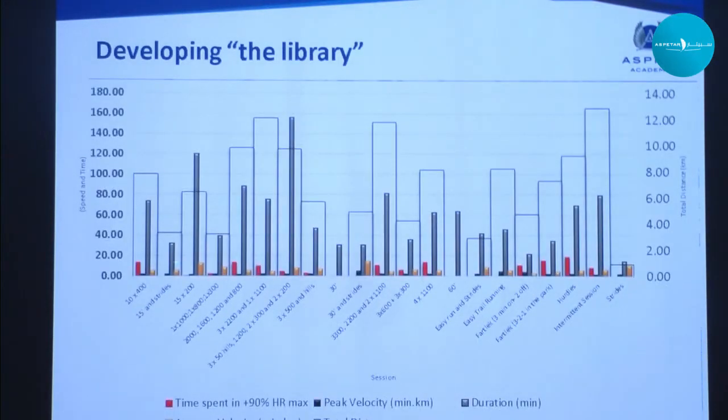And when you collect that systematically, so this is one athlete and all the sessions that he did for about 4 months, then the coach can say, okay, this session here looks very similar to this session. So instead of doing 10 times 400, I can do a 2000, 1600, 1200, and 800, has the same kind of output. So the coach can start to decide. I don't decide.